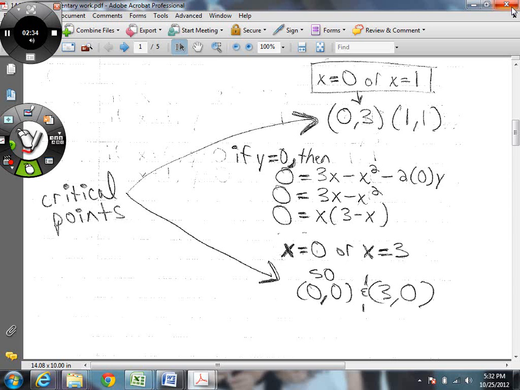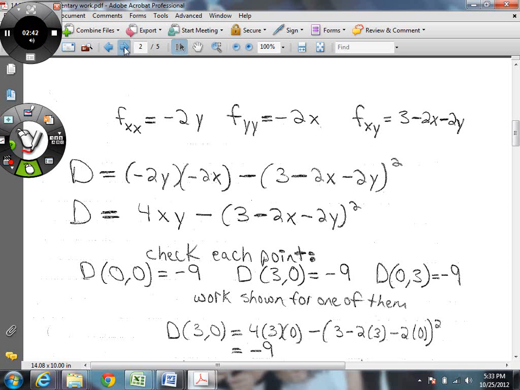And then we want to go ahead and figure out the other pieces, because we're going to use the second derivative test. So you've got the other pieces. We have the partial derivative with respect to x twice.